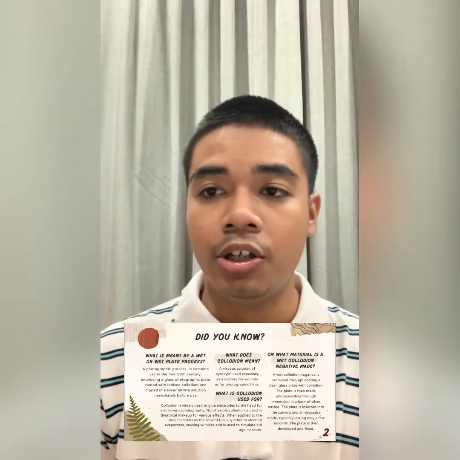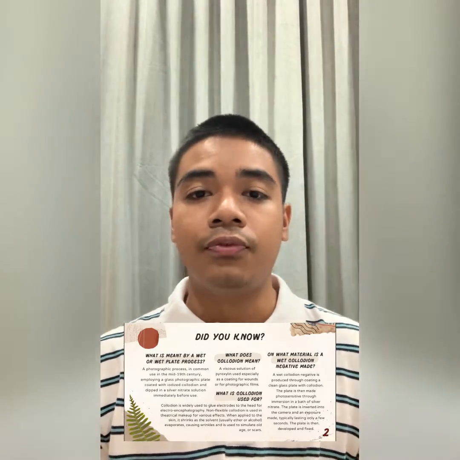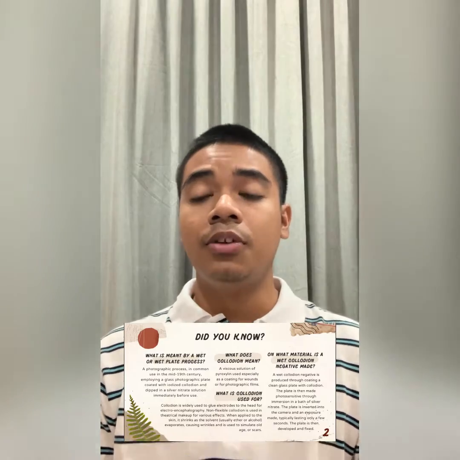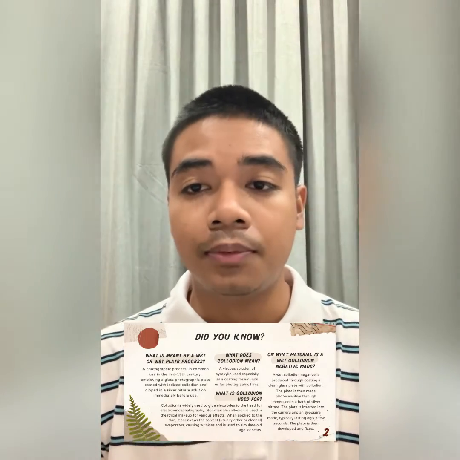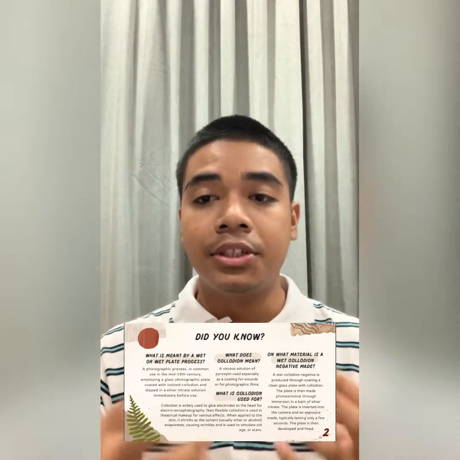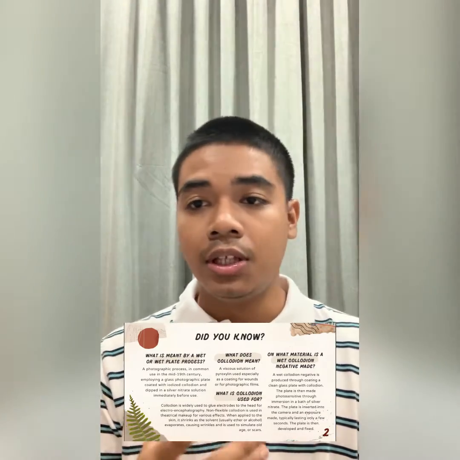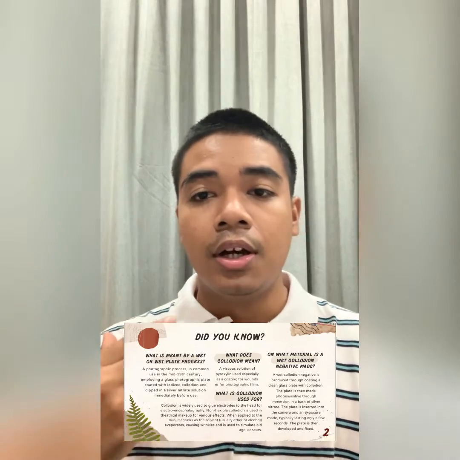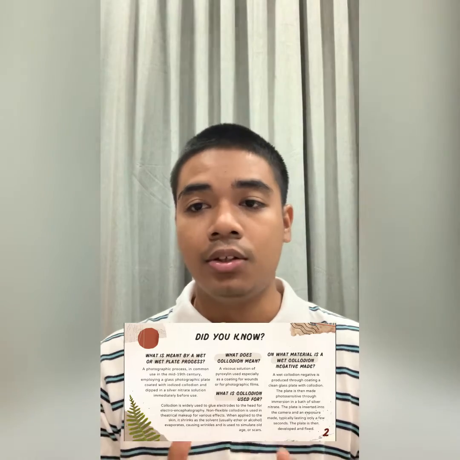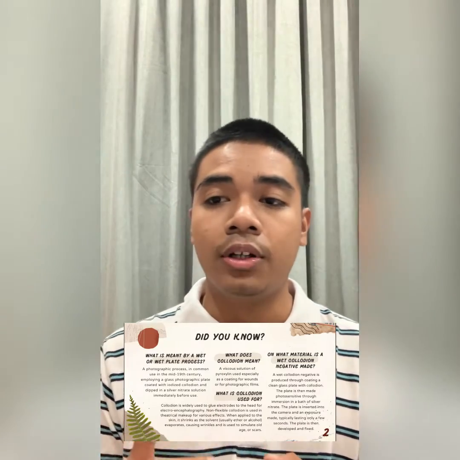Collodion is widely used to glue electrodes to the head for electroencephalography. Flexible collodion is used in theatrical makeup for various effects. When applied to the skin, it shrinks as the solvent, usually ether or alcohol, evaporates, causes wrinkles, and is used to simulate old age or scars.